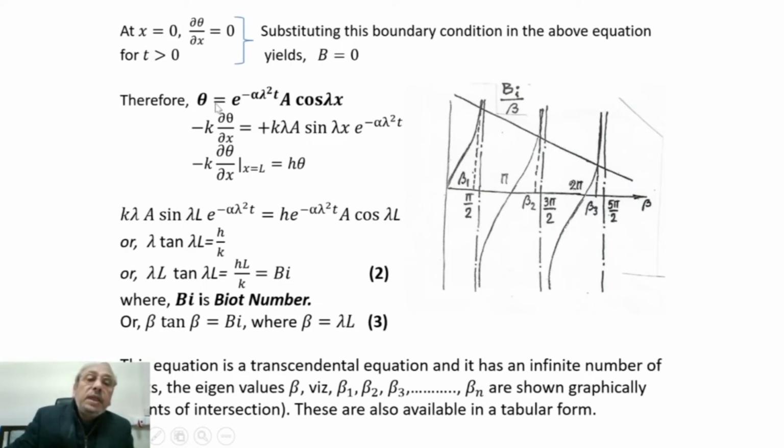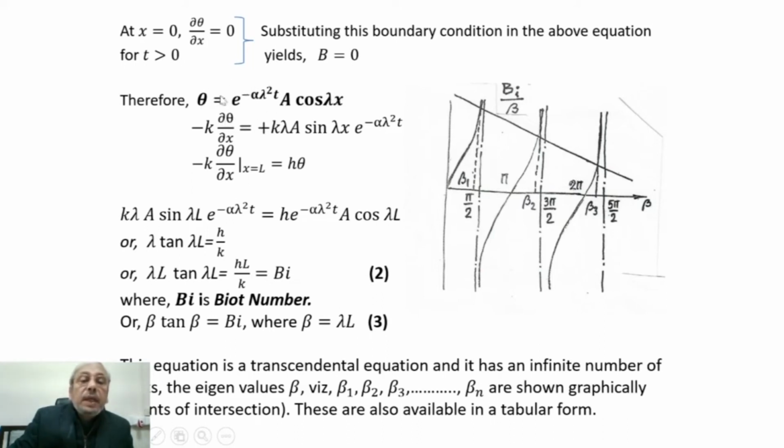So now theta becomes e to the power minus alpha lambda square t into a cos theta. And then again we'll apply the other boundary condition.